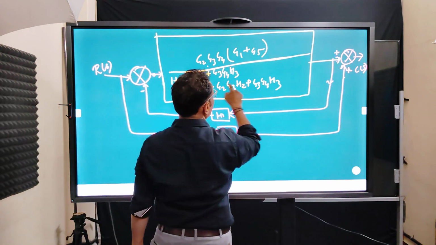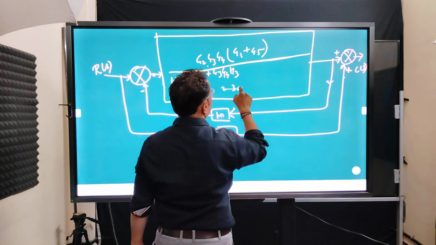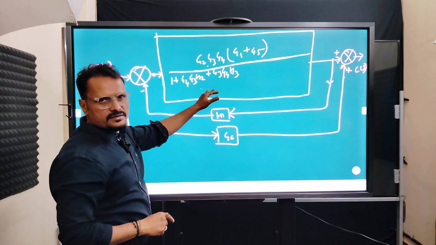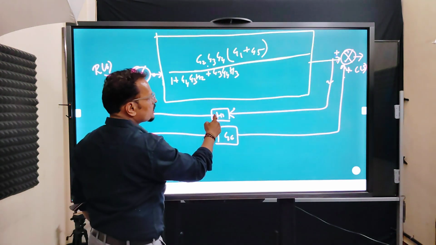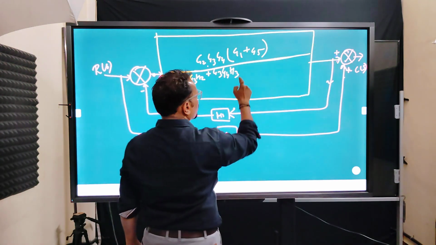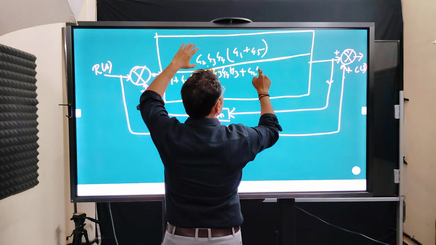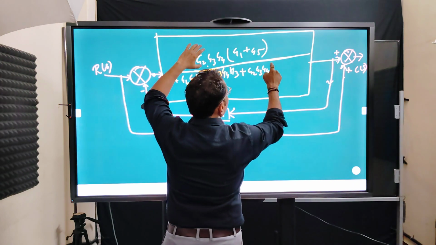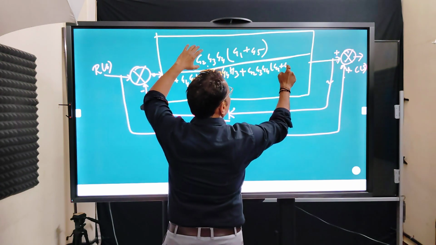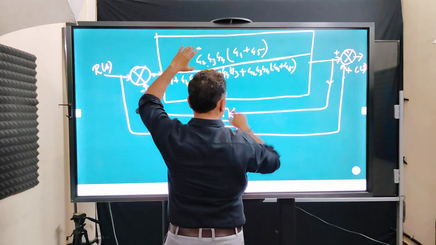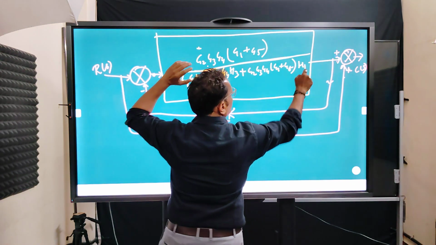And for the feedback, we'll write it as plus numerator, that is G2 G3 G4 multiply by G1 plus G5 multiply by this feedback. I was told to write it like this.